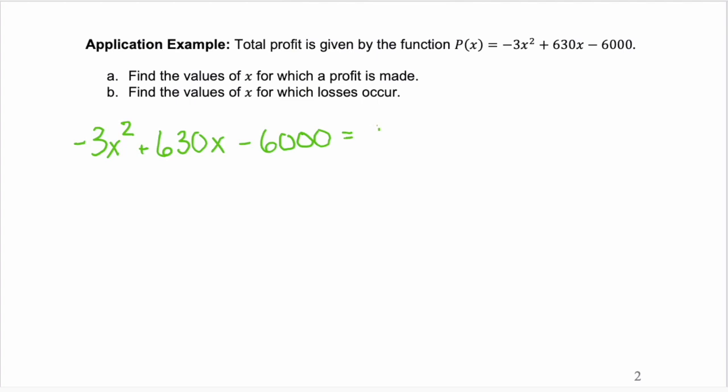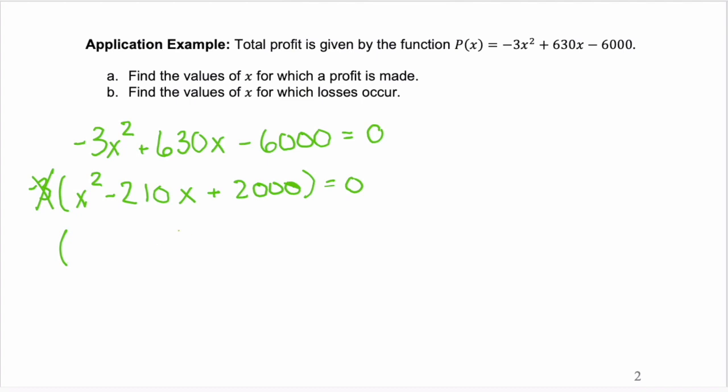So we're going to solve this equal to 0. Notice we have a GCF of -3. We're going to factor that out first. That gives us -3 times x squared minus 210x plus 2,000 equals 0. Now we can ignore this -3 because -3 equals 0 is not possible. We need to factor x squared minus 210x plus 2,000.